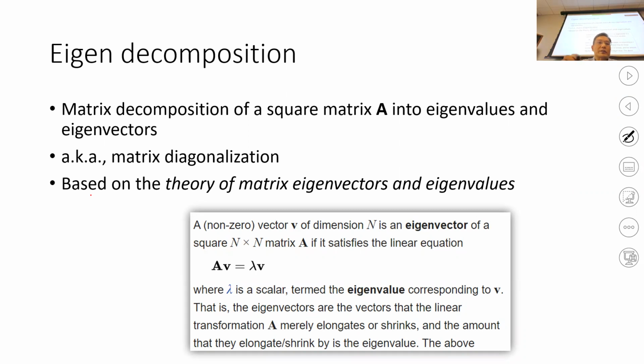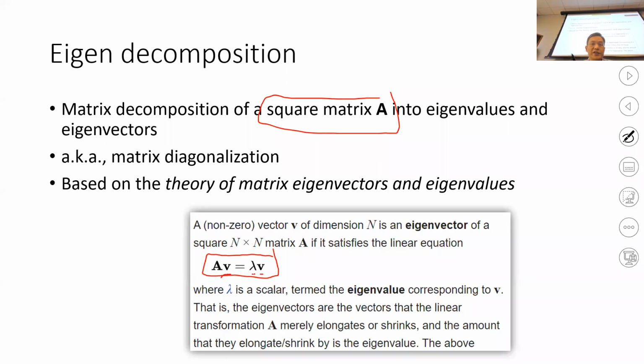Okay, so eigen decomposition is to decompose this square matrix A into a product of eigenvalues and eigenvectors. Once you have the idea about this, if you apply the eigenvalue and eigenvector calculation, you get V and lambda.